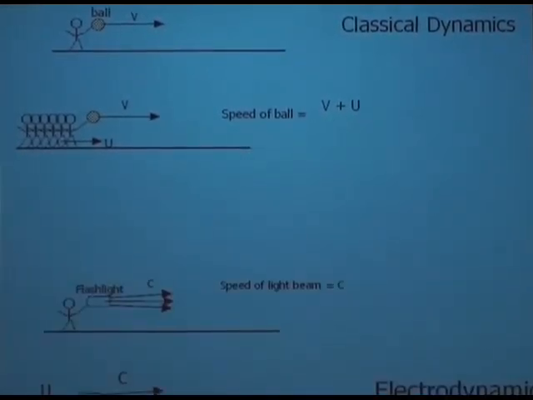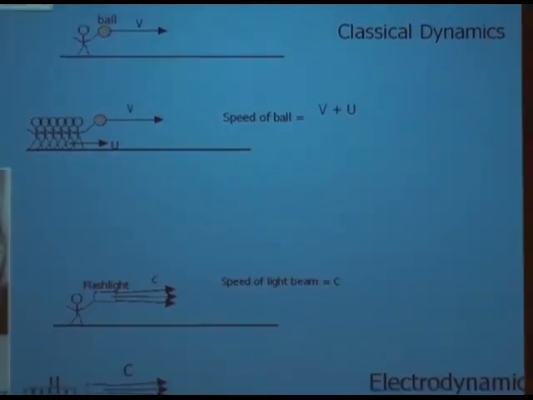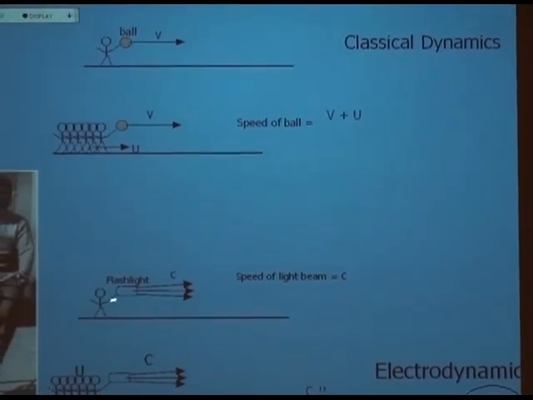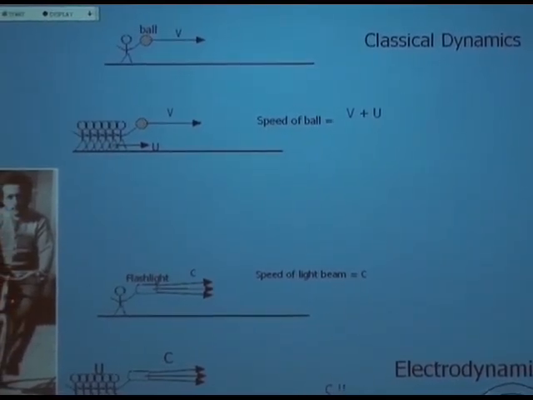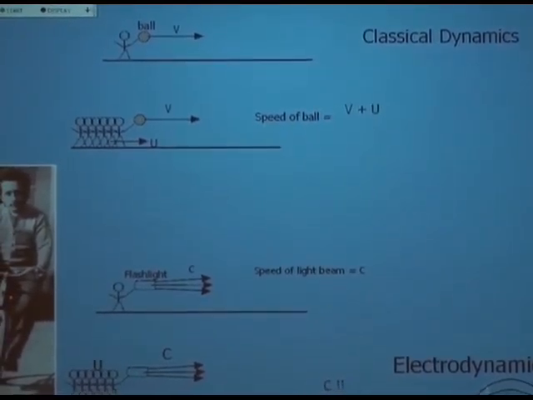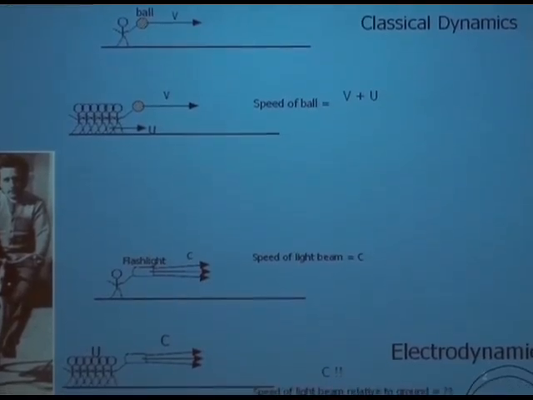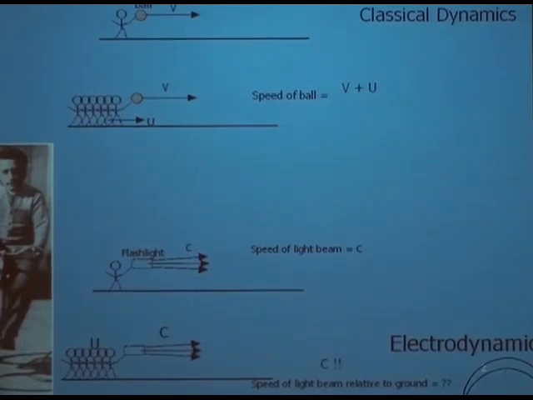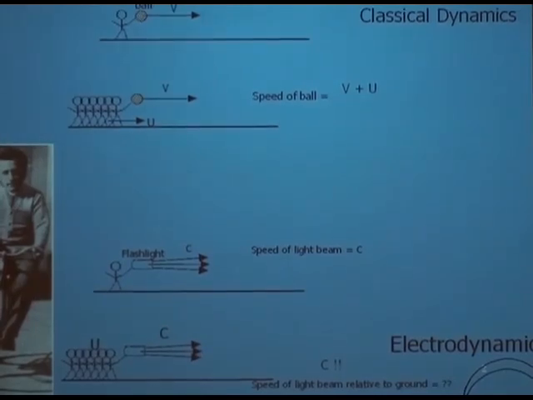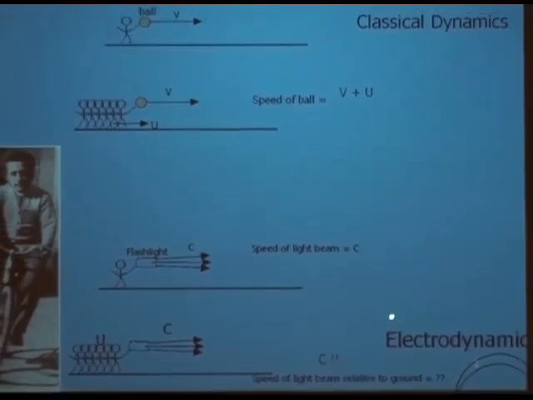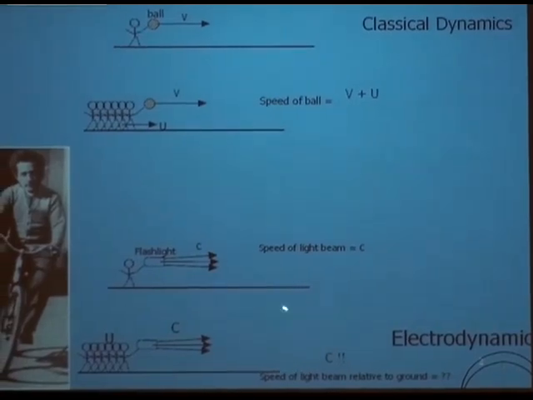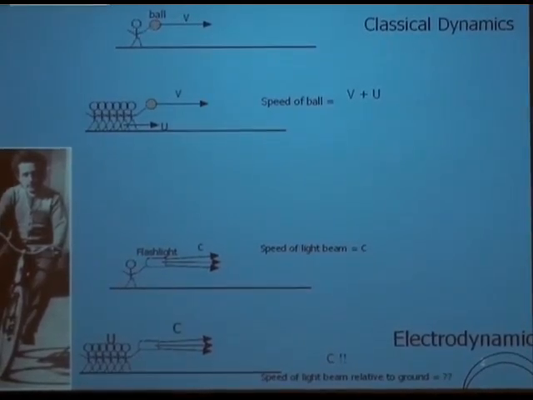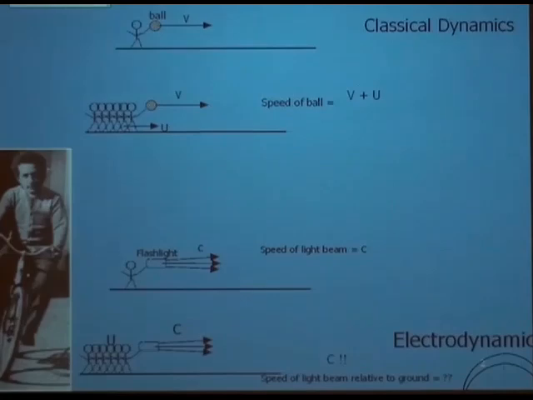And then I pointed out the contradiction in electrodynamics, which means that if you're standing still and you launch a flashlight at speed c, and then you run at a speed u and again launch the flashlight at speed c, then according to the laws of electricity and magnetism, an observer on the ground will still measure the speed c, even though you're running.